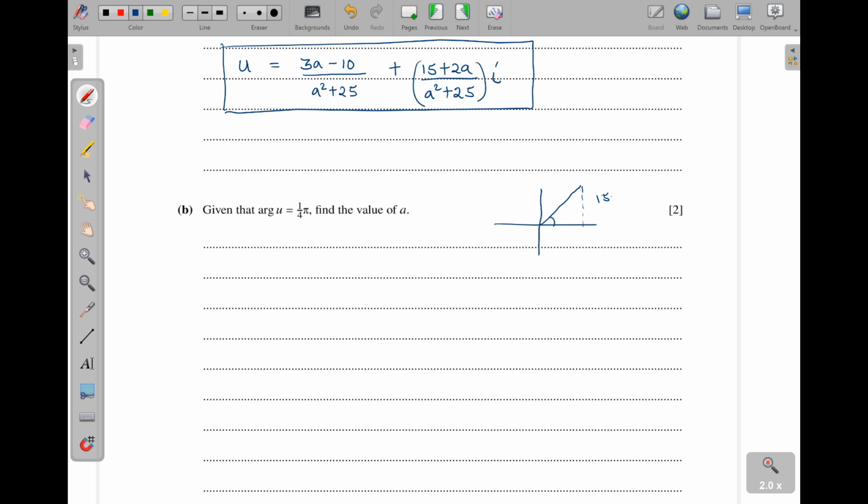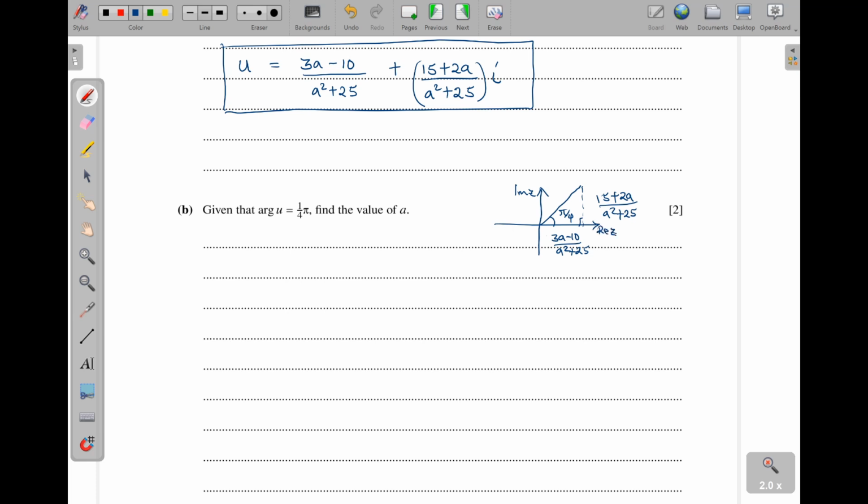It is that (15 plus 2a) out of (a squared plus 25). This is pi over 4. Then the x is (3a minus 10), or the real part, over (a squared plus 25). Okay? So this is the imaginary part of u. This is the real part of u.